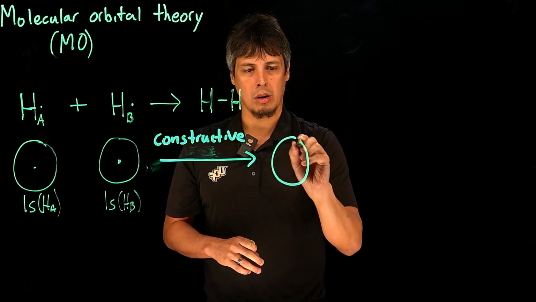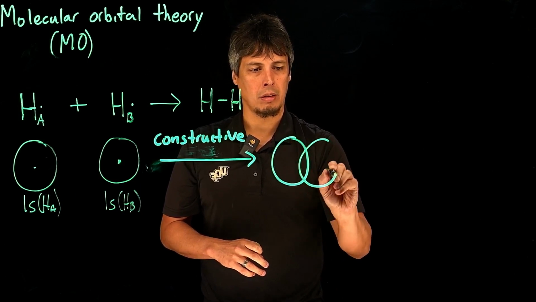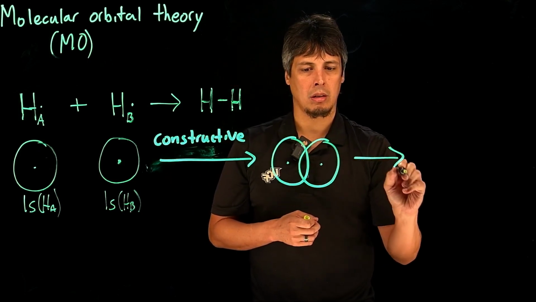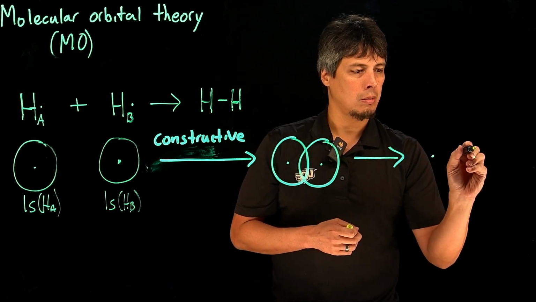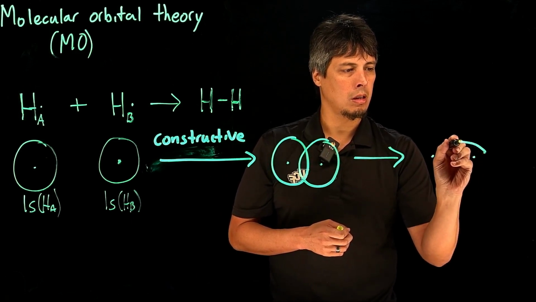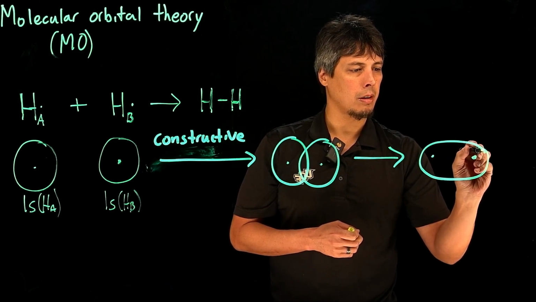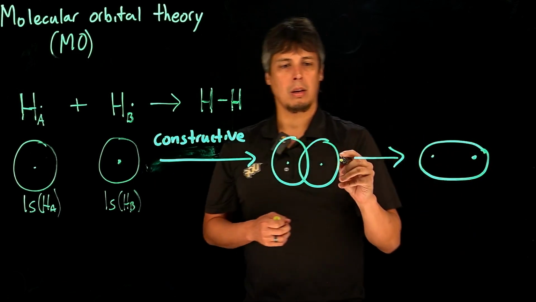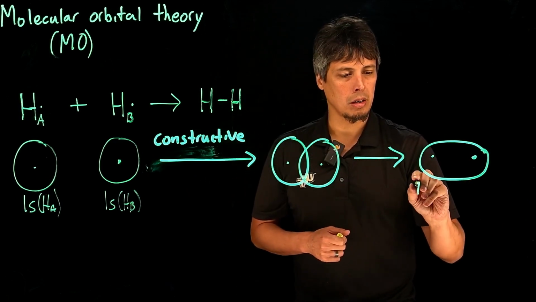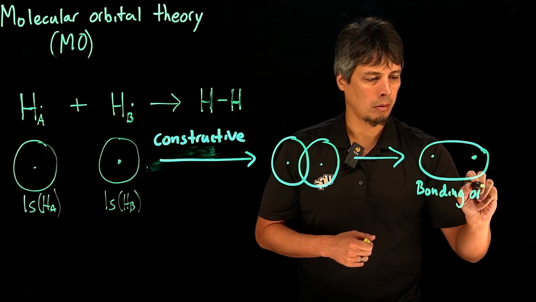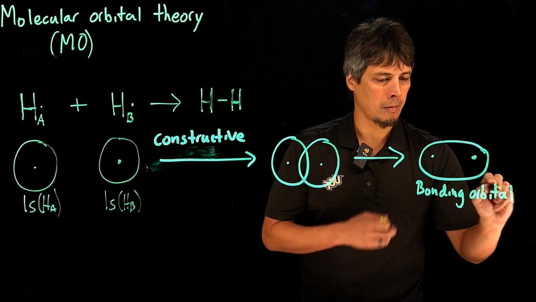So we can just draw the atomic orbitals like this. And that's going to result in something where there's increased electron density between the two nuclei, okay? And we call this a bonding orbital.